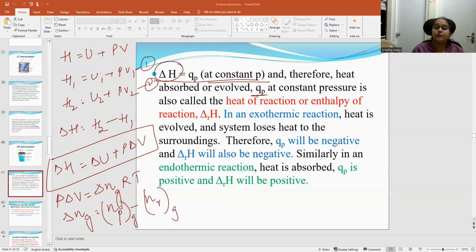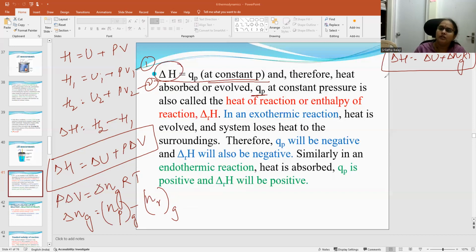This is what you would apply mainly for chemical reactions. So substitute delta Ng, R and T in this. You can rearrange this as delta H is equal to delta U plus delta Ng RT. This is another important equation we have.